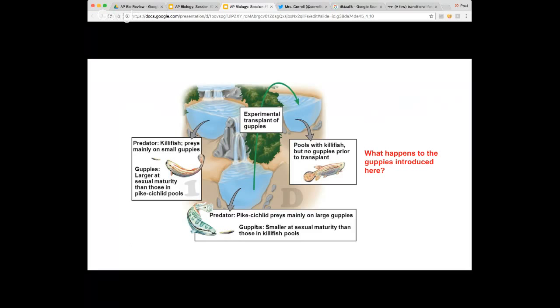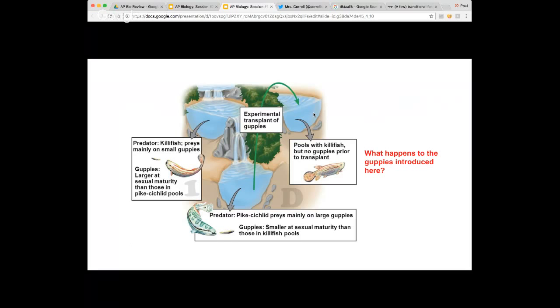Now, not the individuals who were transferred, they're doomed, but their offspring that are slightly larger, those that are able to evade the predator, have a better chance. And if they're a little bit larger, then you're not going to see the killifish go after them, and it will lead to larger fish over time. It's a pretty easy experiment to do simply because guppies grow so fast and mate so fast and have babies so fast.